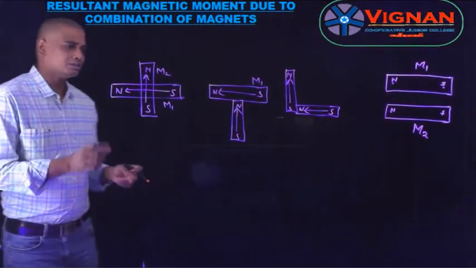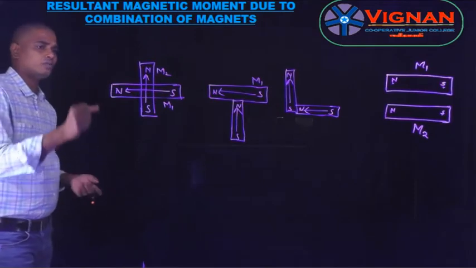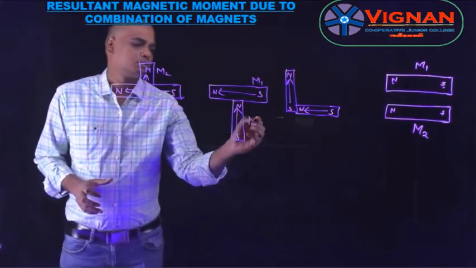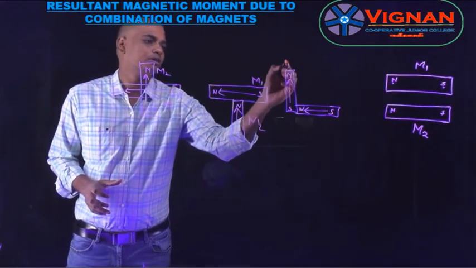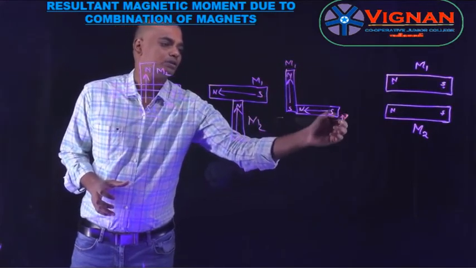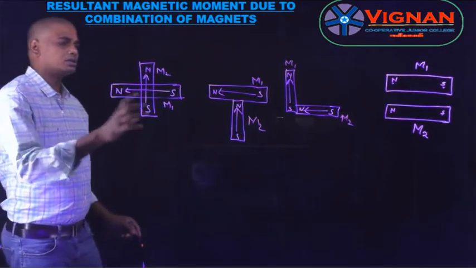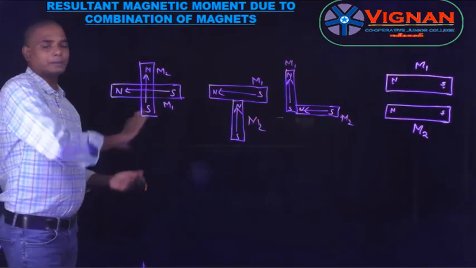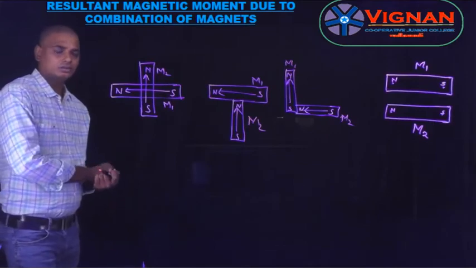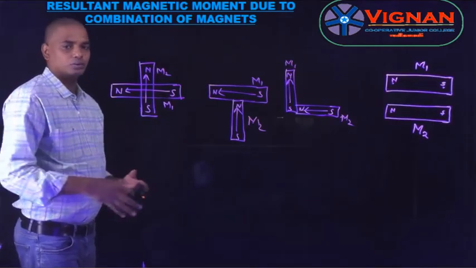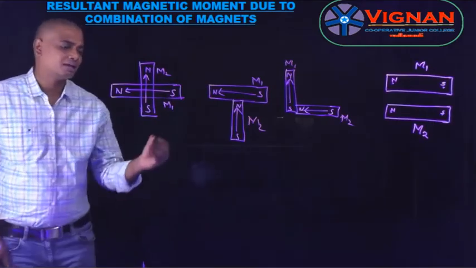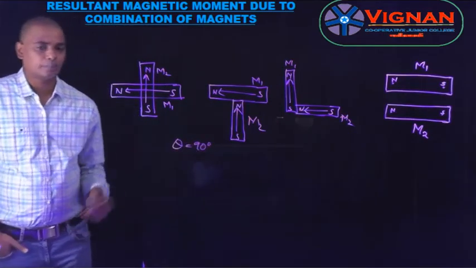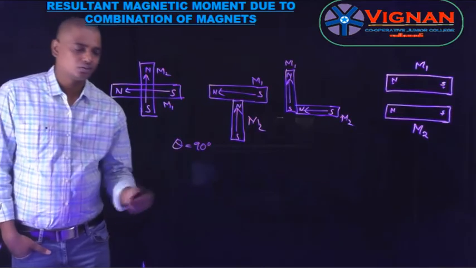So in all these three cases, the two vectors m1 bar and m2 bar are perpendicular to each other. So the angle theta will be equal to 90 degrees. If the vectors are perpendicular to each other, then theta is equal to 90 degrees.